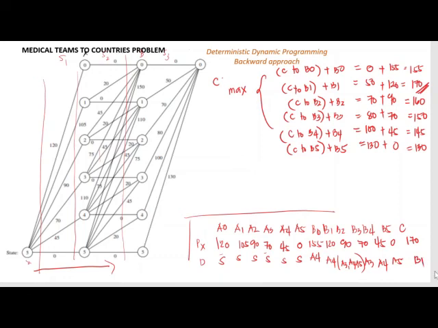Okay? So if you trace the flow, that 170 is actually the path coming from C, brought about by B1, and B1 is coming from A4, and A4 is coming from the origin, which is the start.